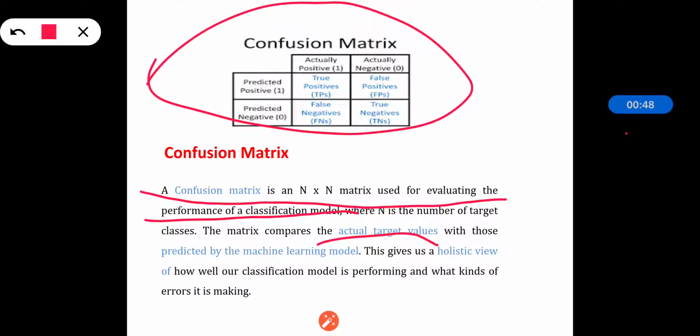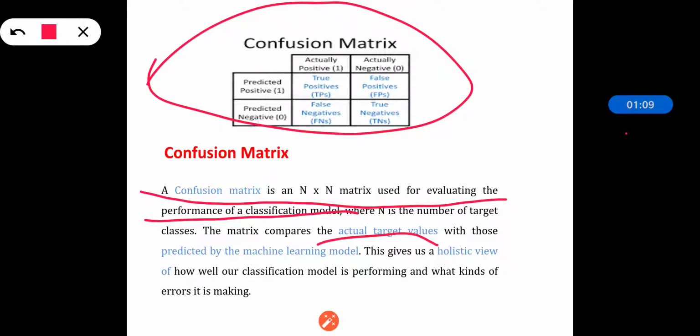So the comparison is done between the actual target values and the predicted values, and this gives us a holistic view of how well our classification model is performing and what errors are there in it. So the confusion matrix is used for evaluation purposes.